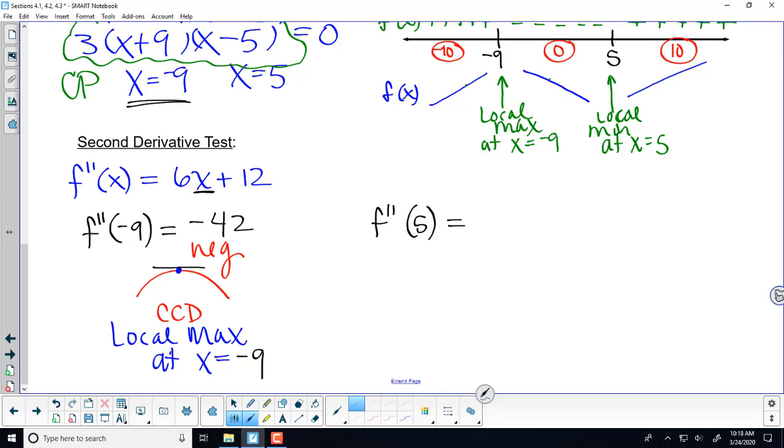Okay, so when I substitute 5 into the second derivative, I get positive 42. I got a positive value, which tells me that the function is concave up. So at that critical point, then, we know that we have a local minimum.